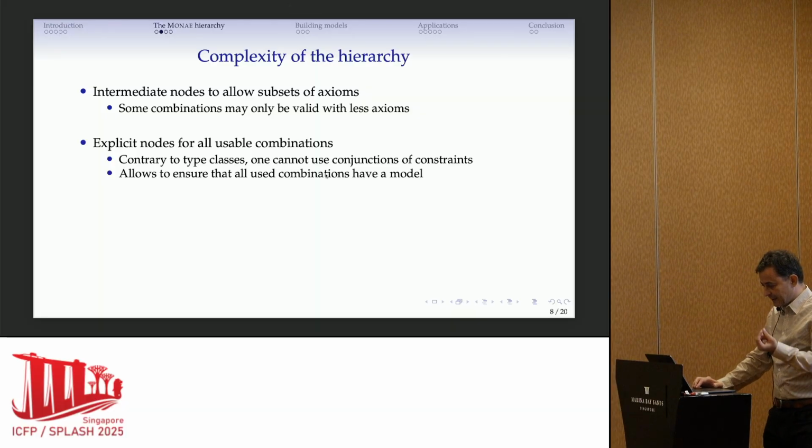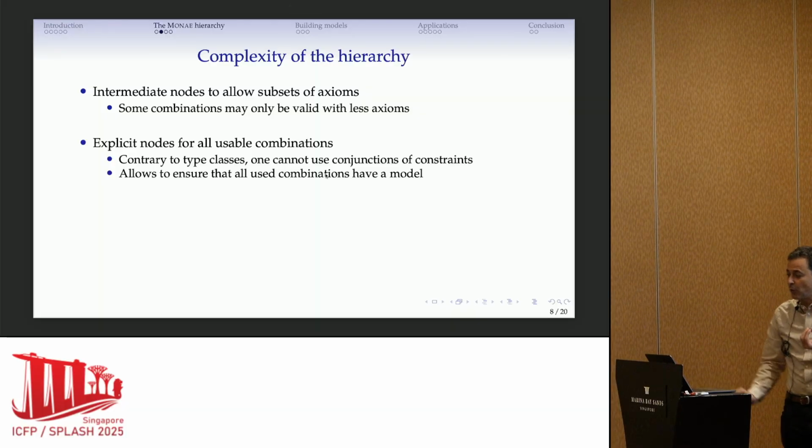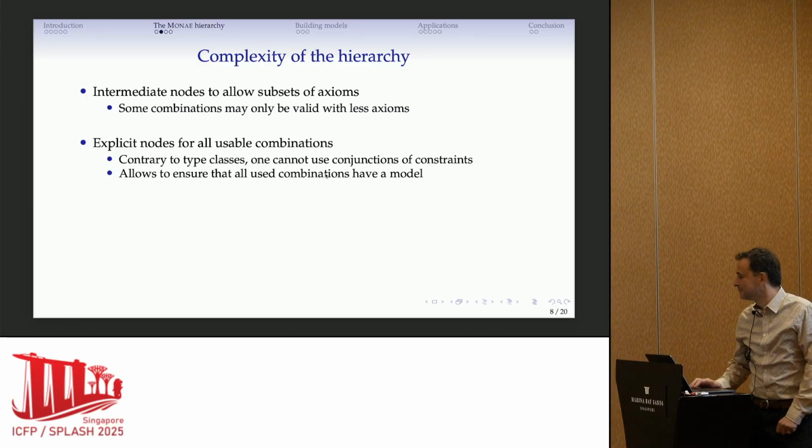And the other reason is that we need explicit nodes for all usable combinations. Because contrary to type classes, when you write a program with this hierarchy, you cannot use conjunction of constraints. You must use explicit nodes. And again, this ensures that all used combinations really have a node. You can just write your code supposing that this exists, and at the end of the story, actually it doesn't exist.